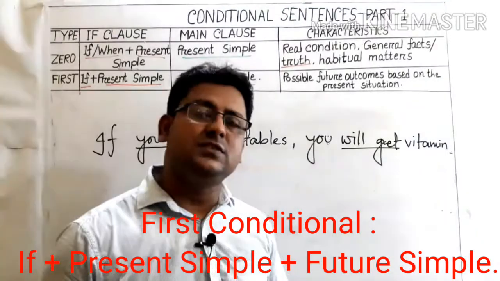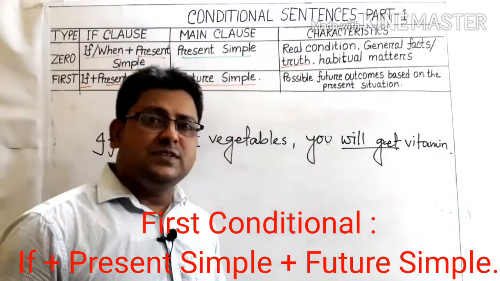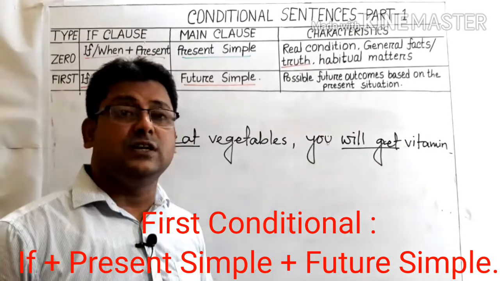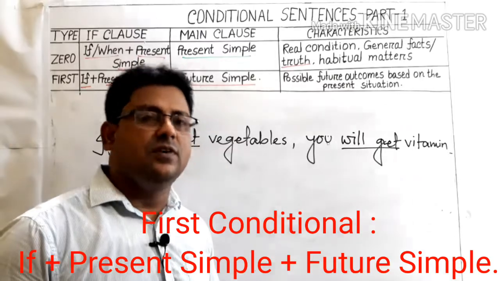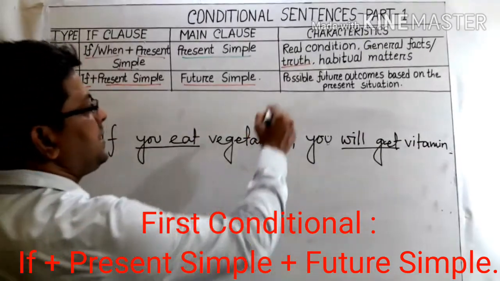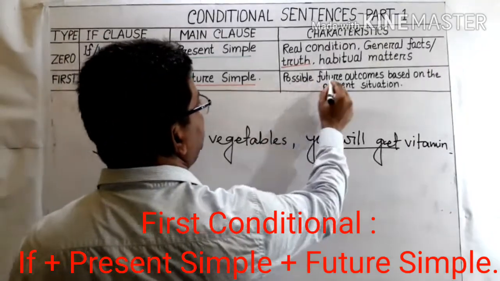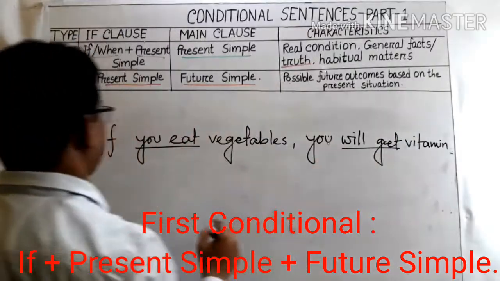When you eat vegetables, you will get the vitamins. That means when the condition occurs, at that time we will get the possible outcomes. Here I have shown possible future outcomes based on the present situation.